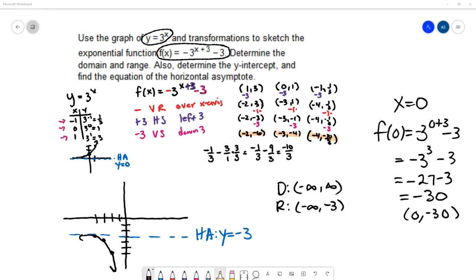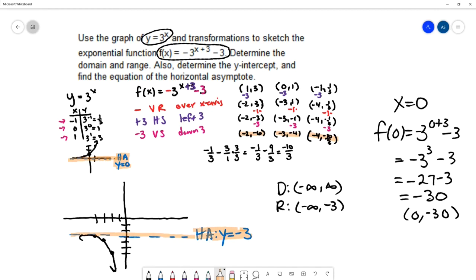So the horizontal asymptote started off at y equals 0. And we're going to shift it down 3. So it started off at 0, and when you shift it down 3, it gets to negative 3.